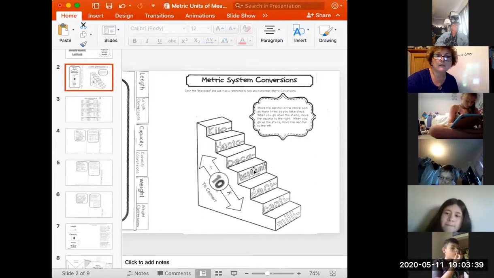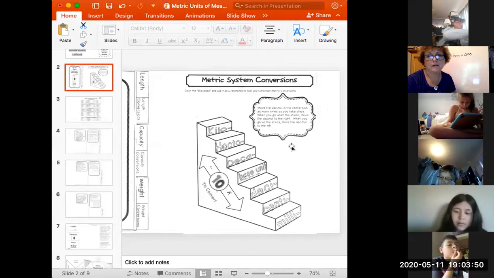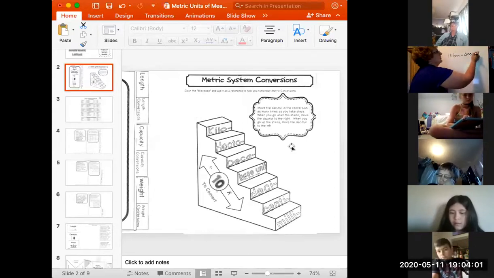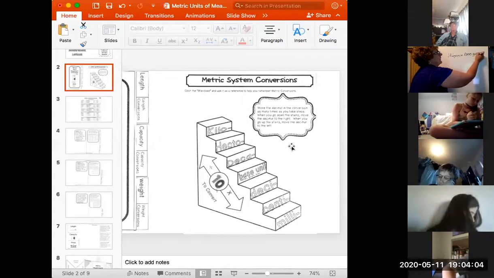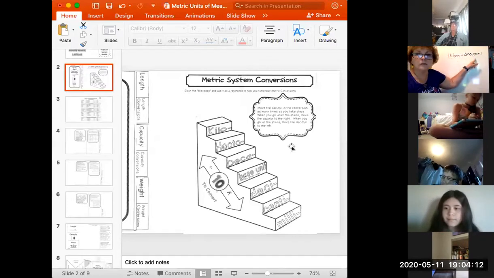How many grams does it take to equal a kilogram? 1,000 grams. So 1 kilogram, just like we did with 1 kilometer, equals 1,000 meters. 1 kilogram equals 1,000 grams.